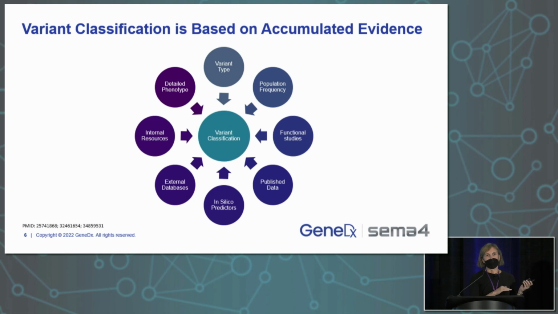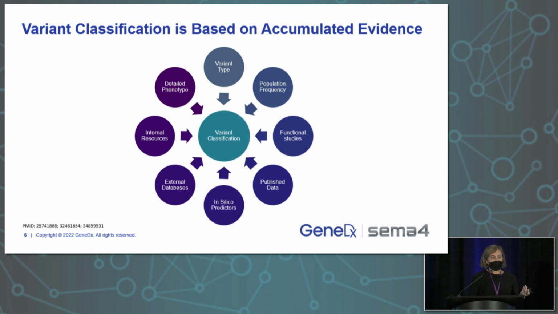Have there been other patients with this particular variant that were published in a paper in the literature, for example, that we could use to help with classification? We look at in silico predictors for missense and splice site variants. These are algorithms that help us predict the likelihood that a variant might be pathogenic or benign based on the effect it's expected to have on the protein.